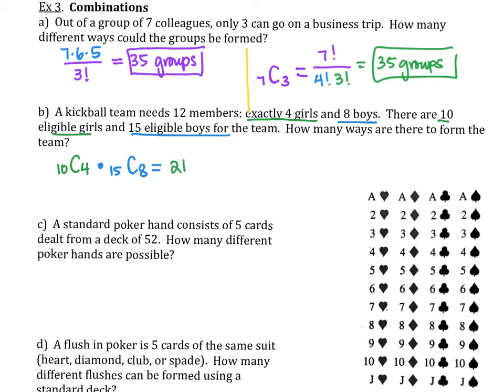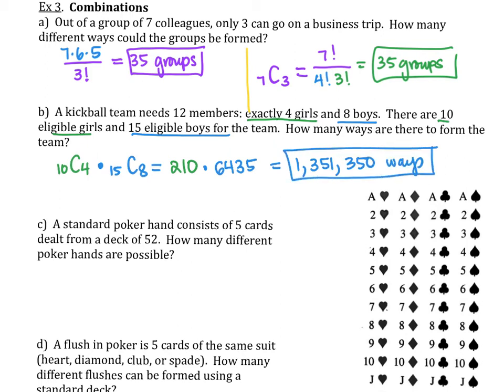I will try to help you find it. 15 choose 8, 6435. Okay, so I got 1,351,350 ways for them to form the team based on the given criteria.